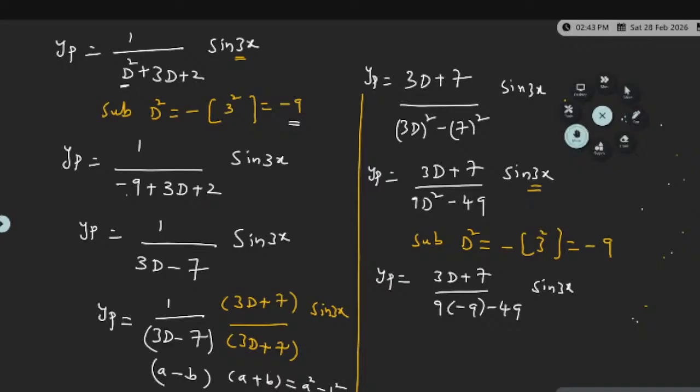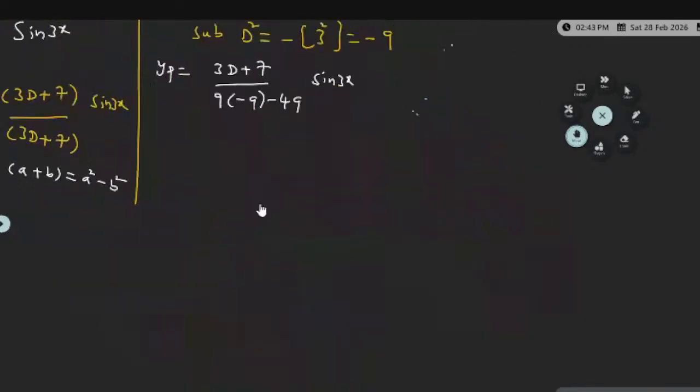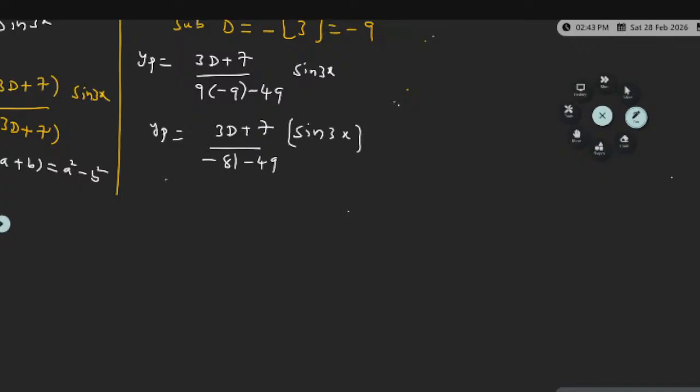Okay, wait. Next, yp equal to 3d plus 7, 9 9s are 81, minus 49.